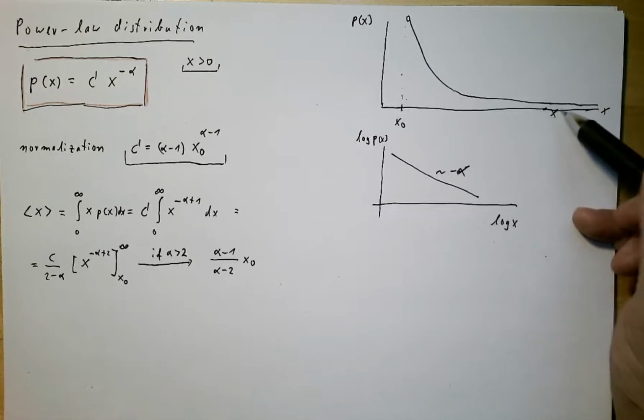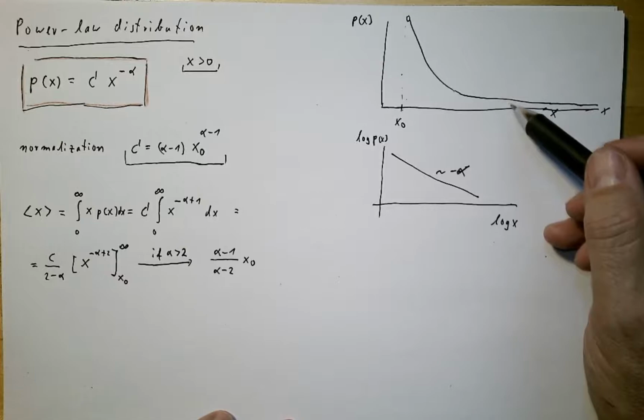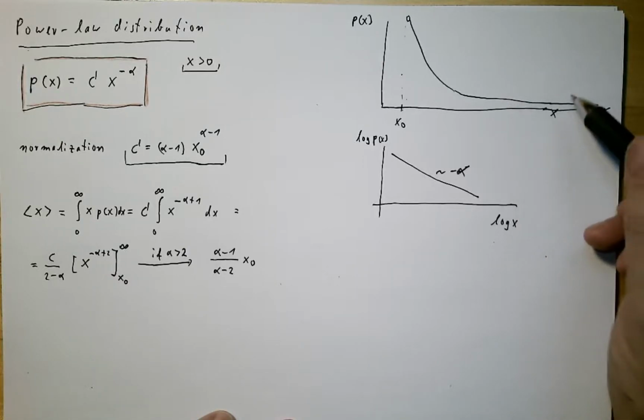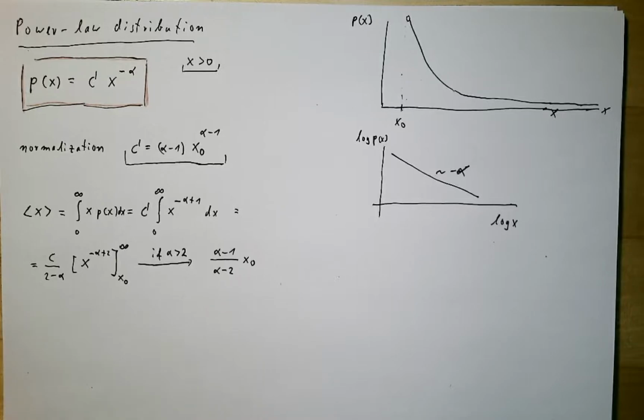So you see, if alpha is too small, the mean value of the distribution is not defined.